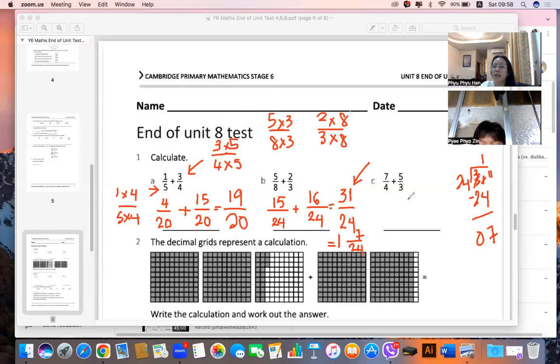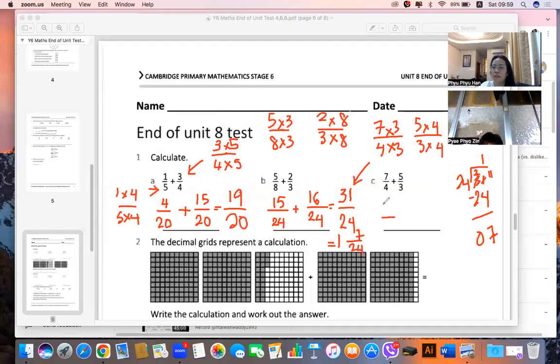Okay, how about this C? How can we make it into the same denominator? Multiply with 4. Yes, correct. Now we will also do 7 by 4 multiplied with 3, right? And also 5 by 3 multiplied with 4.